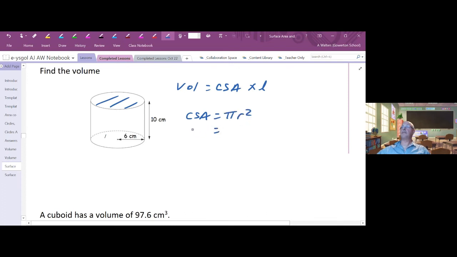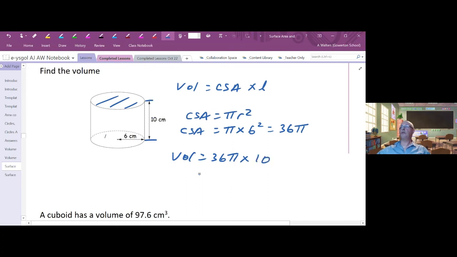In this case, pi times, we are given the radius of 6. Sometimes we have to work with the diameter, so 6 squared, and you get a value of, I'll leave it as 36 pi for now, because further down here we say that the volume is equal to 36 pi times the height, or the length, is 10.